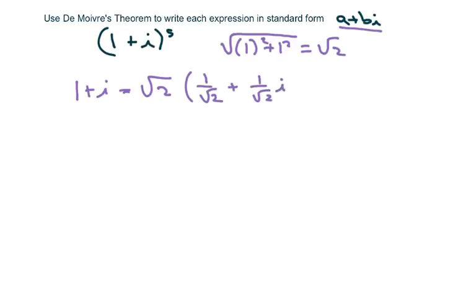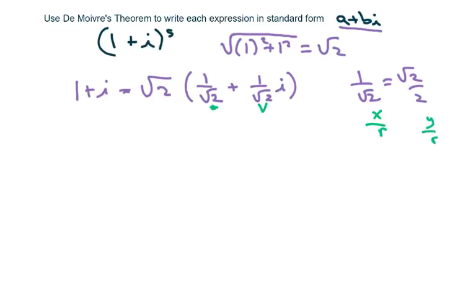And remember, 1 over square root of 2 is square root of 2 over 2. Remember, this first part here is just your x over r, and this part right here is just your y over r.